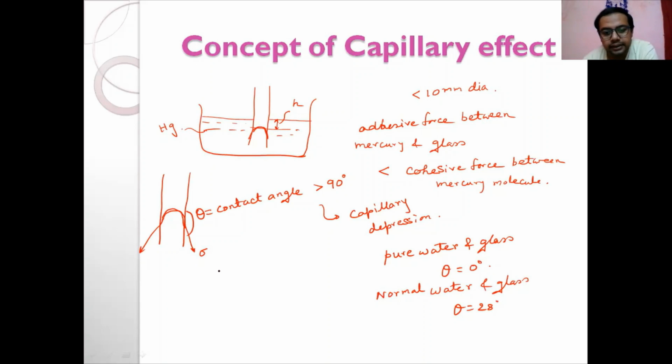In case of mercury and glass surface, this theta value is nearly 130 to 135 degrees. So hence you can see for water and glass there must be a capillary rise, and for mercury and glass surface there must be a capillary depression.